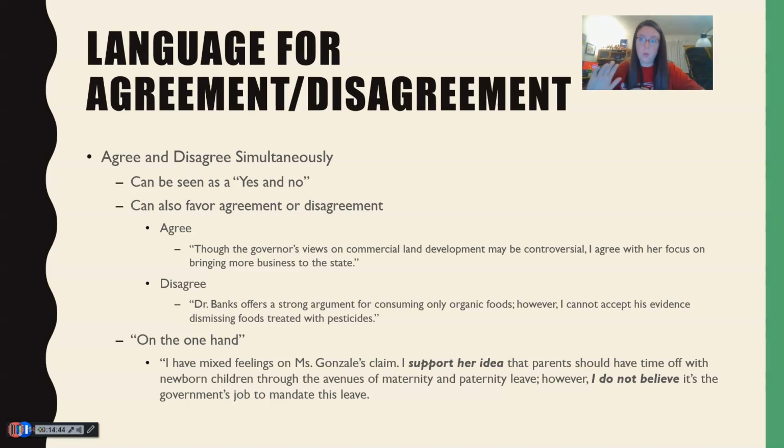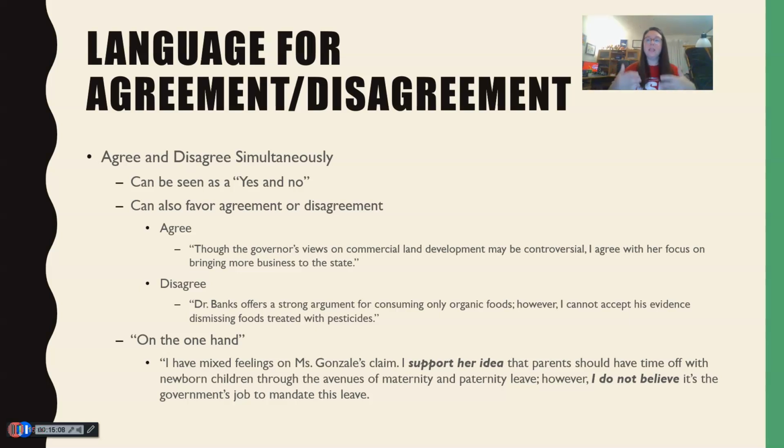If, however, we are completely balanced and we don't know which side we would prefer to favor more, there is a way we can go about rhetorically structuring that kind of a response. And that is by using a phrase like "on the other hand," and that really does indicate that we're taking a more balanced approach to our entrance into a particular discussion.